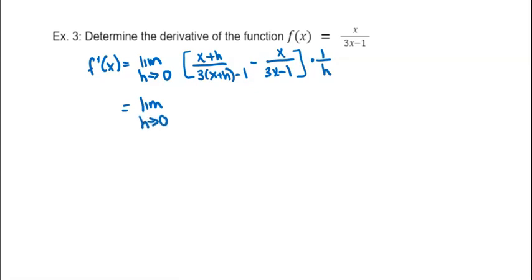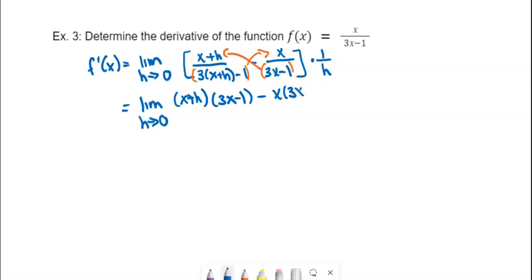Okay, in order to combine these, I need to make a common denominator. So this needs to be multiplied by 3x minus 1, and this needs to be multiplied by 3(x plus h) minus 1. I'm just going to distribute this.